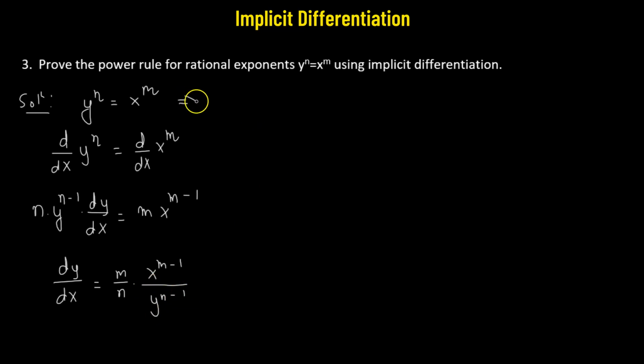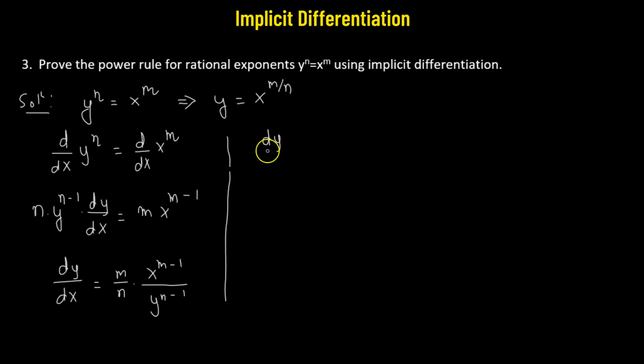Now, from here, we have y raised to the power of n equals x raised to the power of m. So we can isolate y, so y will be equal to x raised to the power of m over n. So in place of y, we'll replace it with x raised to the power of m over n.